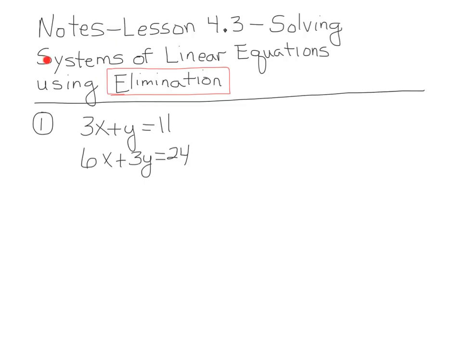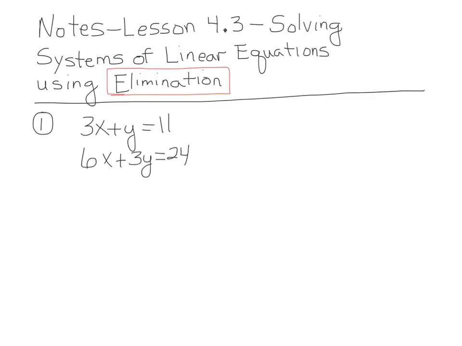That makes it a system. And both of these are linear. If I did take the time to graph either this one or this one, they would form lines, and they would intersect probably. And our job is to find the point of intersection. This one's in standard form, this one's in standard form, but I'm not going to graph them. I'm going to use elimination.